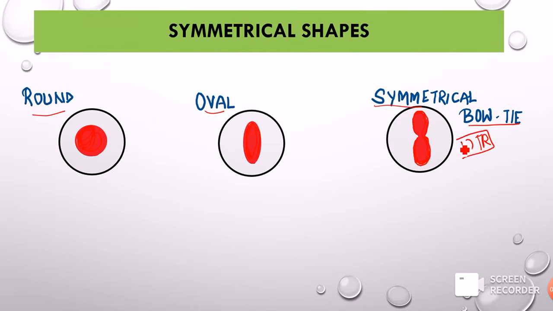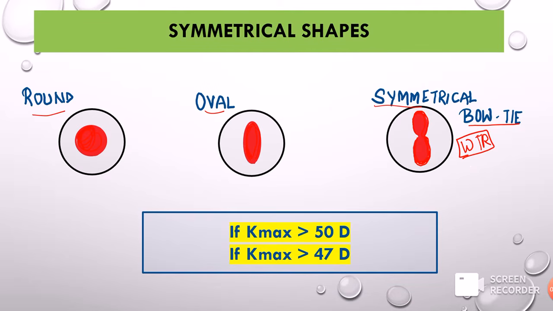However, this is all normal when the K max value, that is the maximum keratometry value, is less than 47. Whenever your K max becomes 47 diopters with these shapes, it indicates that there is a moderate risk of ectasia in these people.